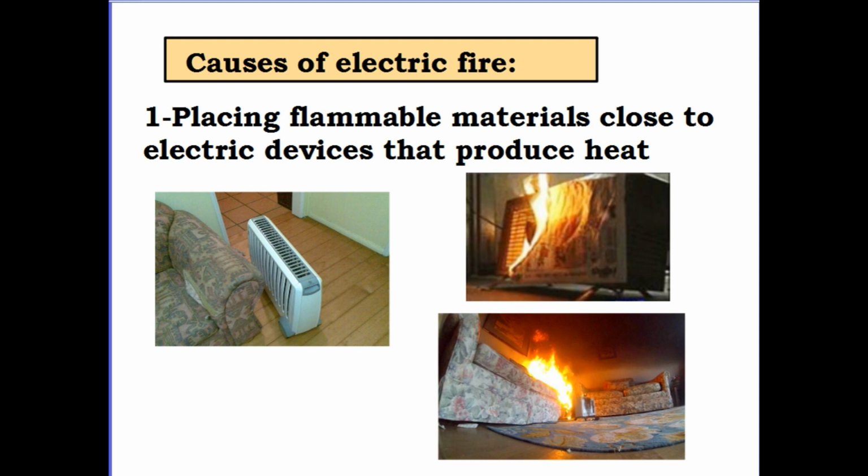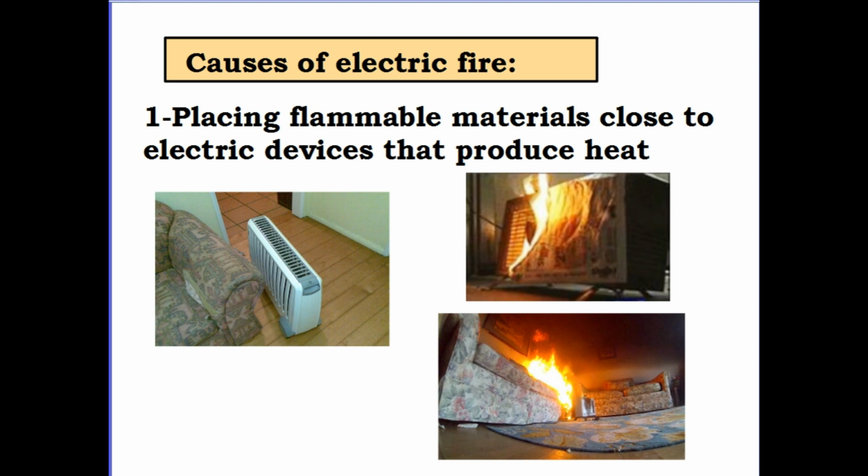Electric fire happens due to a rise in temperature, the temperature of the wires or of the machine itself. So the machines that are risky are the machines that generate heat.